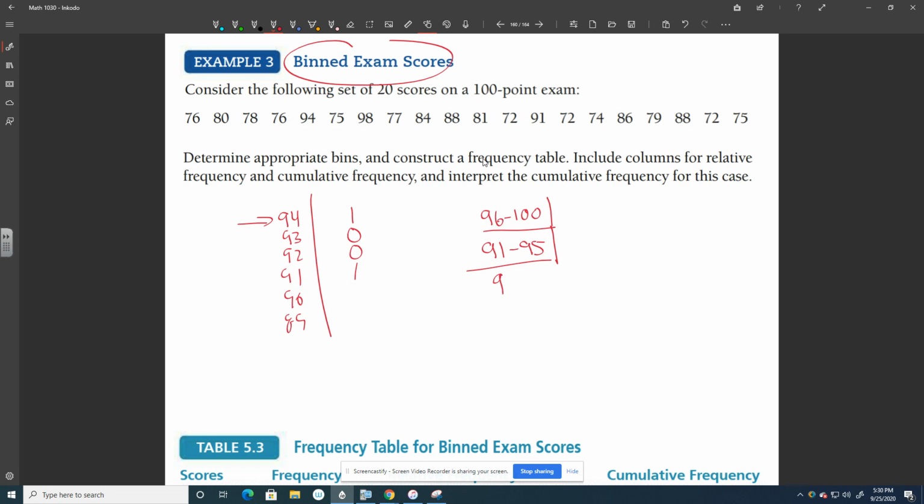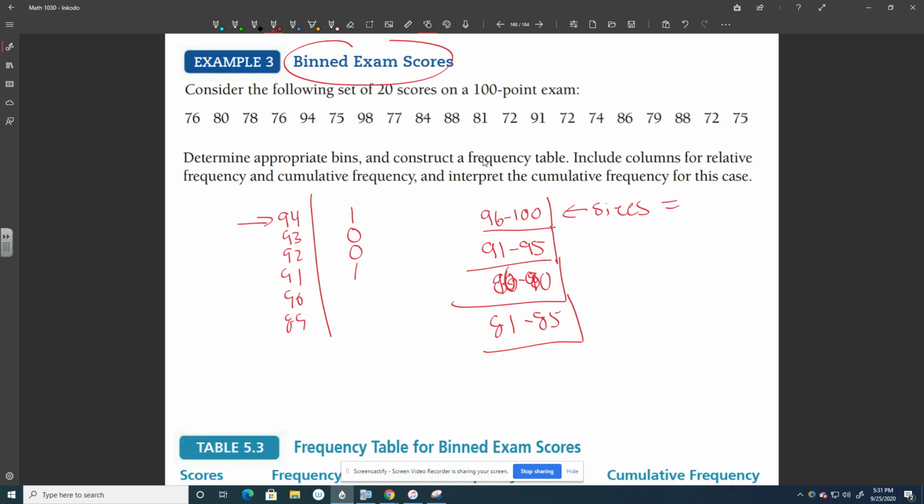And then 90 down to, oh, see, now I'm going backwards. So this would be 86 to 90 as a category. And then 81 to 85 as a category. So you're just grouping data together within a bin, a group of scores. The few things that are important, these sizes need to be equal.